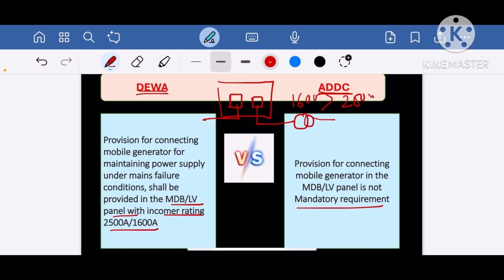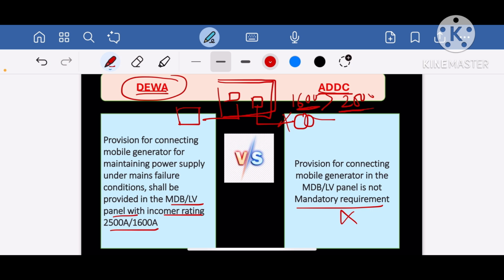Suppose if anything happens to the transformer, then the mobile generator will come and this terminal will be readily available to connect the mobile generator in order to relay the power supply to the building. So I will repeat, any MDB which has a breaker rating of 1600 or above requires mobile generator provision as per DEWA regulation. But in ADDC regulation, such an arrangement is not mandatory.